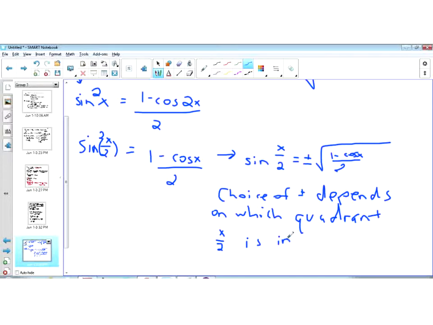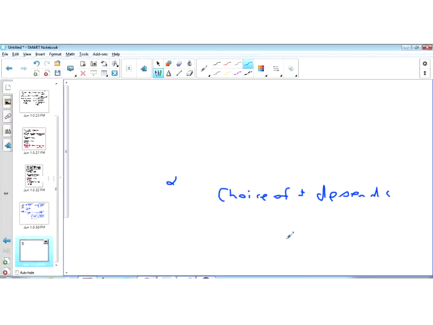All right. So the cosine of x over 2 is proved similarly, and I'll leave that to you as an exercise. So how about we compute the half angle formula of the tangent of x over 2.